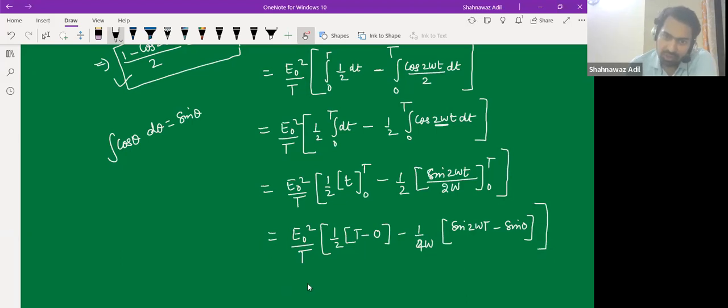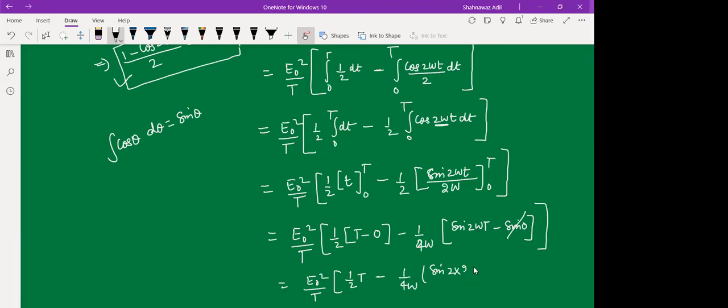So this would be E naught square by 2, 1 by 2 T, and minus of 1 by 4 omega. Sine 0 is 0. But what is sine of 2 and omega is how much, Aisha? 2 pi by T. Good.